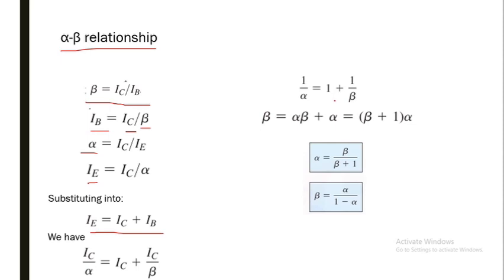Rearranging this equation will give you beta is equal to alpha beta plus alpha, and you can write this as beta plus 1 into alpha.